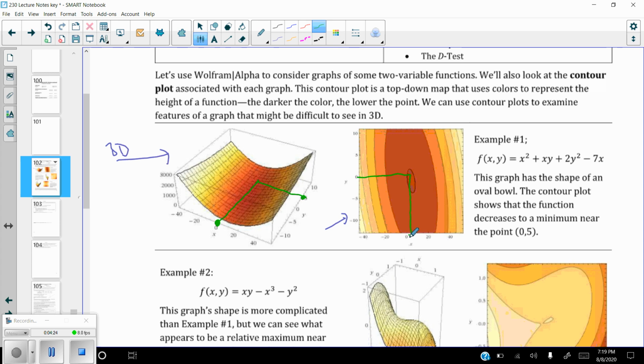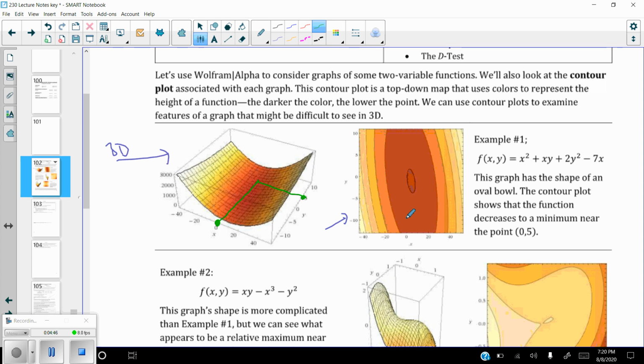So I think that's a mistake. Just know that it's supposed to be at x is 0, y is 5, or maybe it's supposed to be at (5, 0). Harder to tell if that was just a mistake in the typing. But you can clearly see how someplace in that dark region right there would be your minimum, because it's the darkest place on the graph.